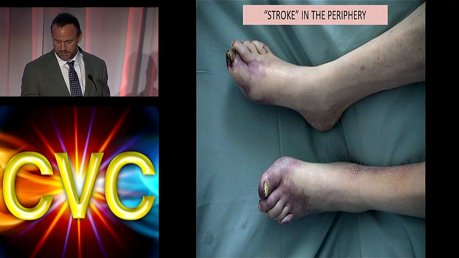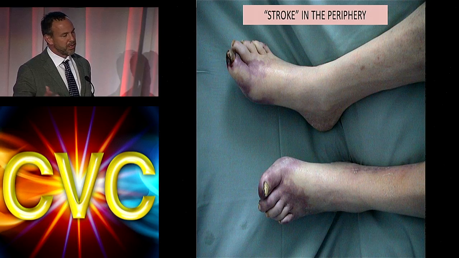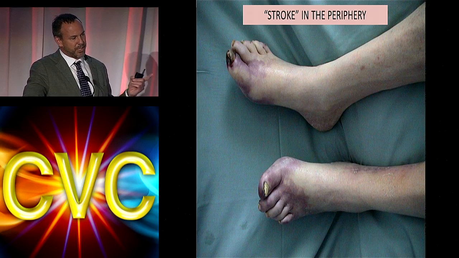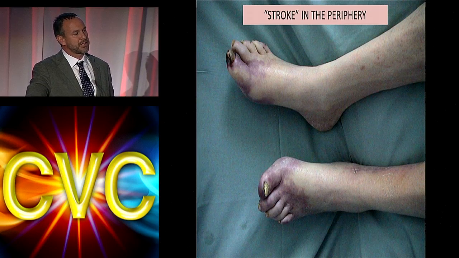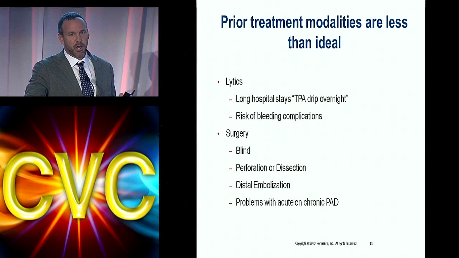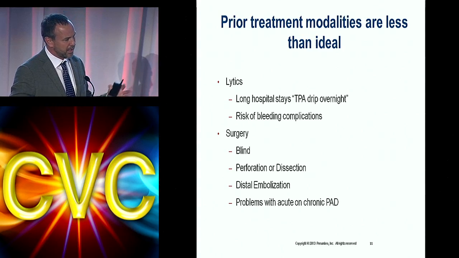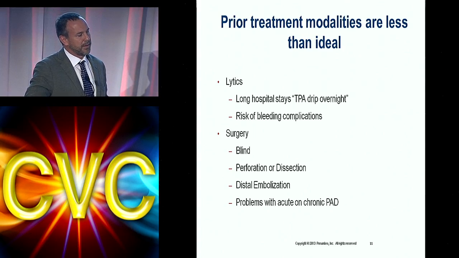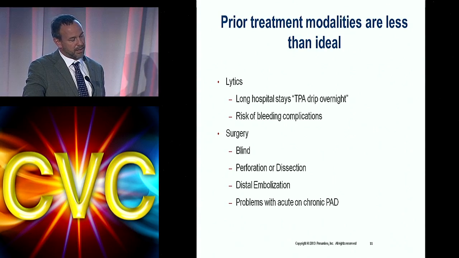So for the rest of us, we get to stroke in the periphery. The ischemic limb. I'm actually going to show you a couple of the cases outside the limb where we've utilized it as well. What's the problem with these cases? The use of lytics. Some of these patients are actually quite old. You have to drip them overnight. It increases the risk of intraarterial or cerebral hemorrhage, and then the other risk of bleeding complications.